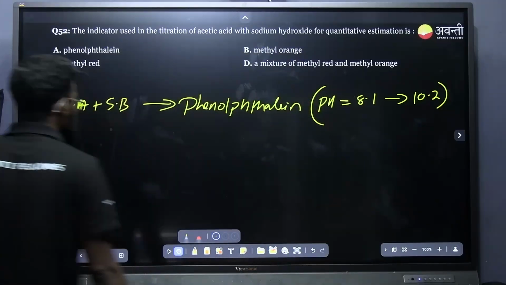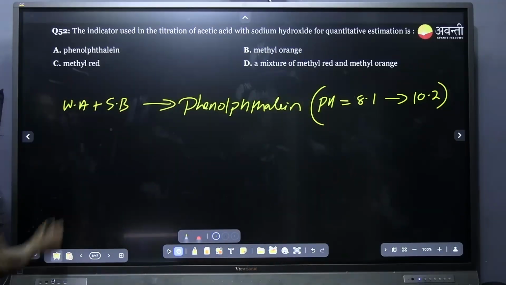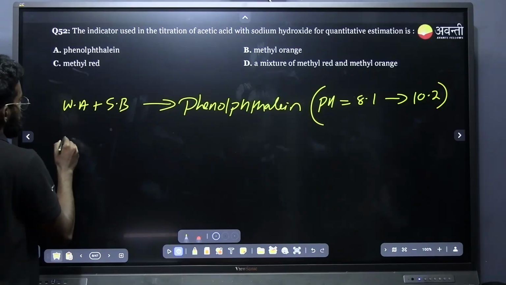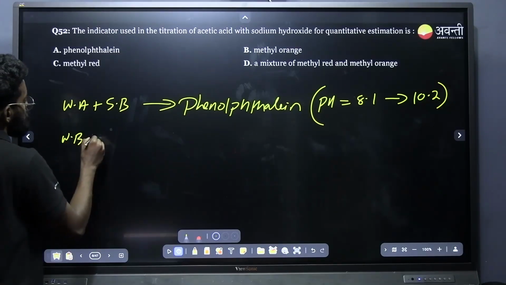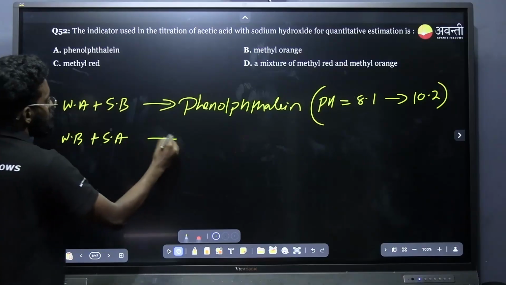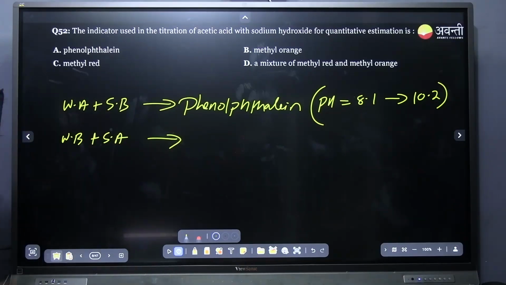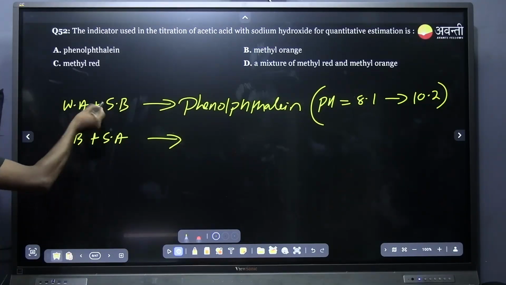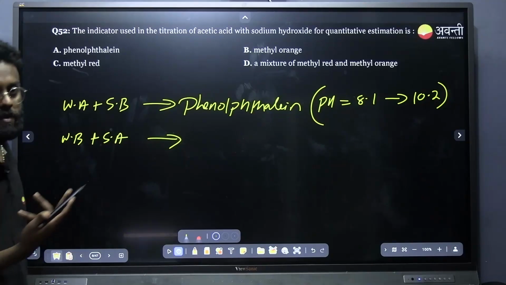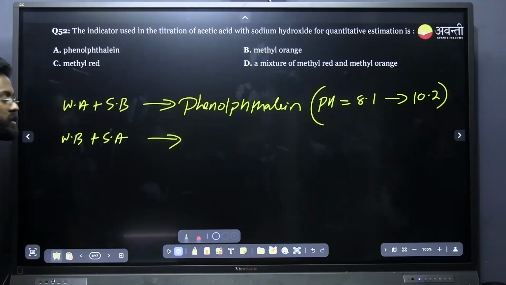Okay, now what about if it is for a weak base versus strong acid? What indicator will we be using? Anybody have any idea? If they have asked about weak acid plus strong base, definitely in the next exam they can ask about weak base plus strong acid.